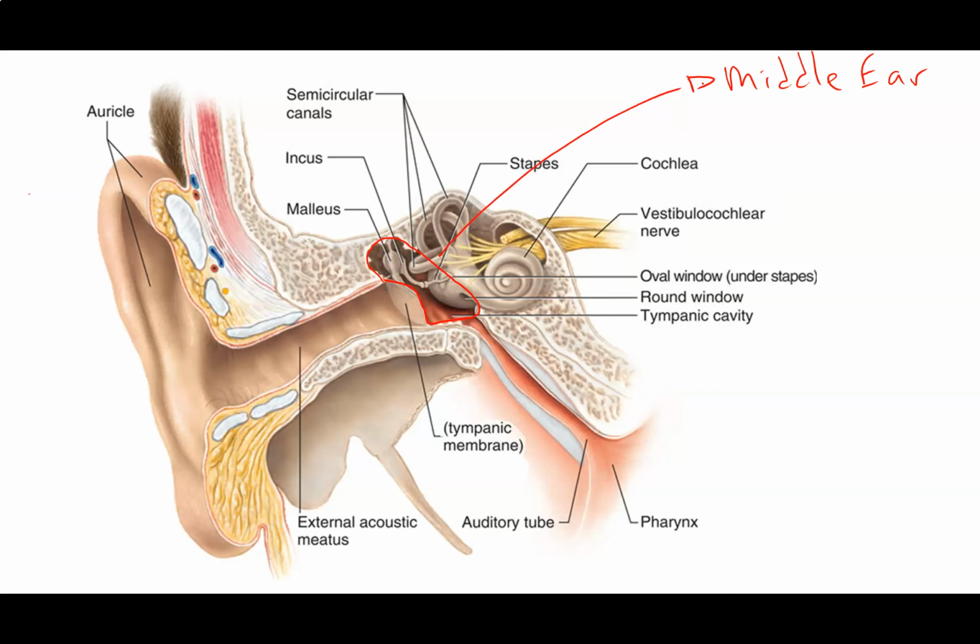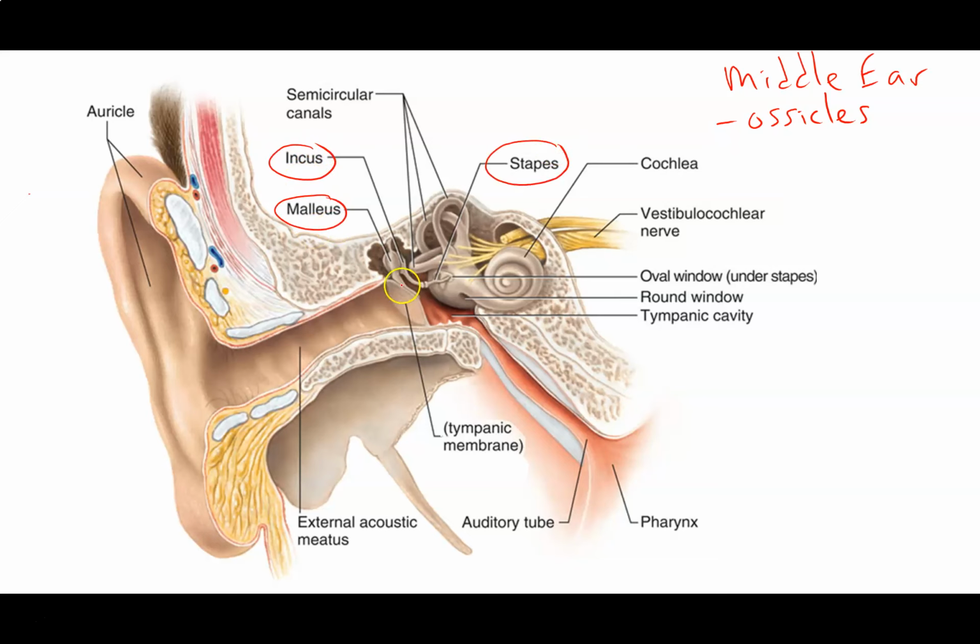In addition to being filled with air, there are a series of three bones known as ossicles, right? Which translates to little bones. Those three ossicles are the malleus, the incus, and the stapes. Right?